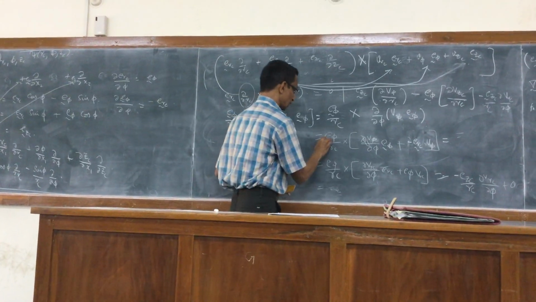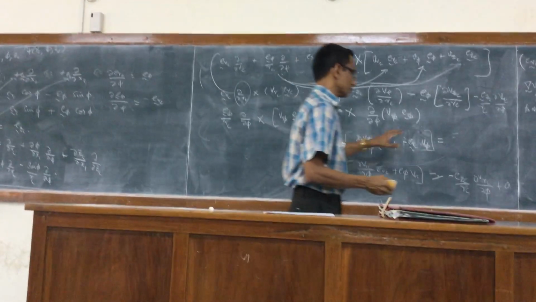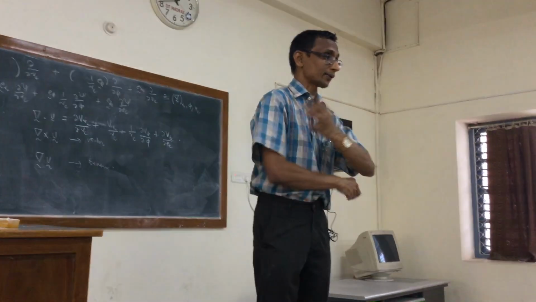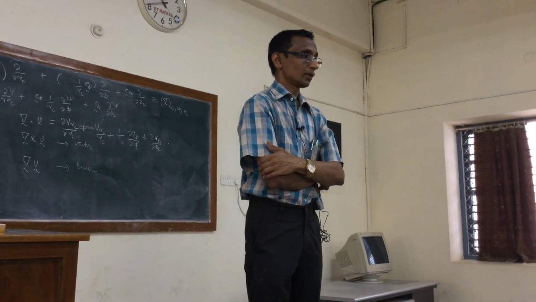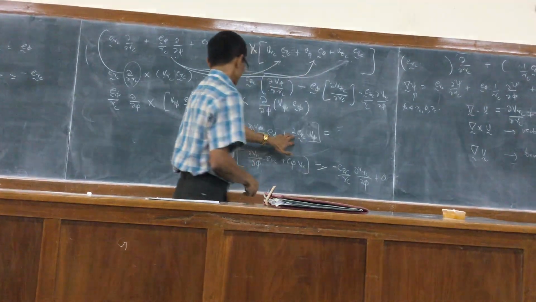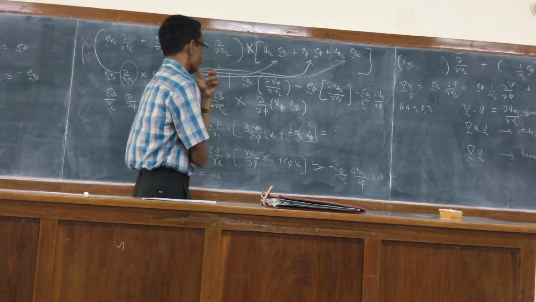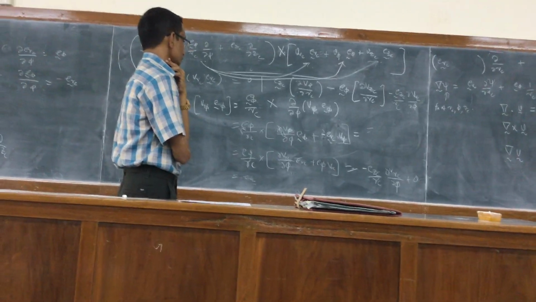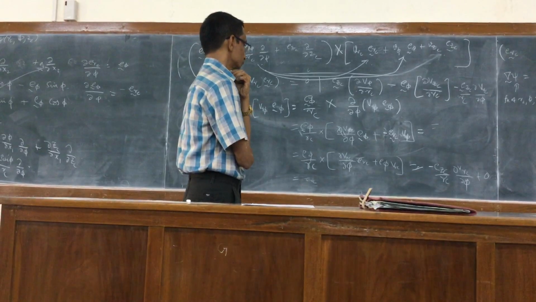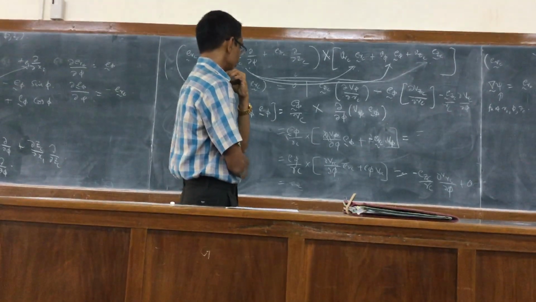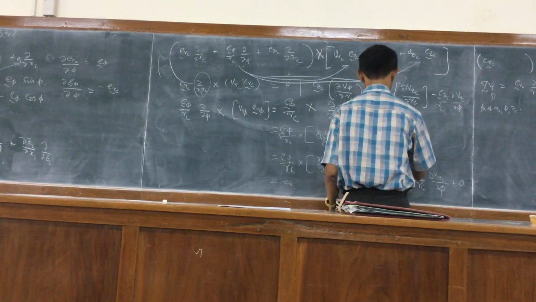So I have E phi cross product with ERC, that is minus EZC, and then I have a minus, plus, so that would be plus EZC d phi by RC.